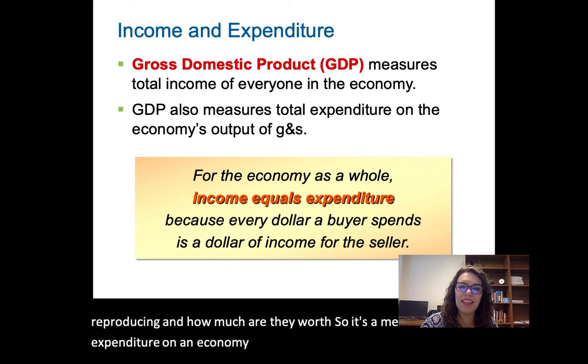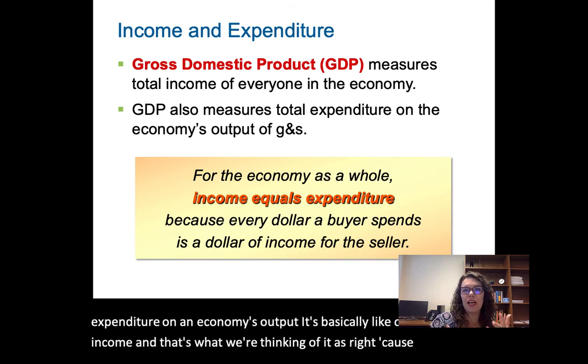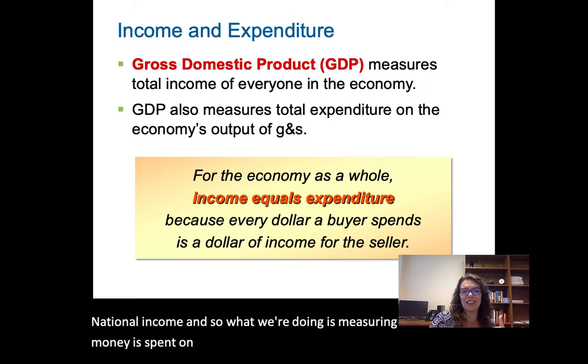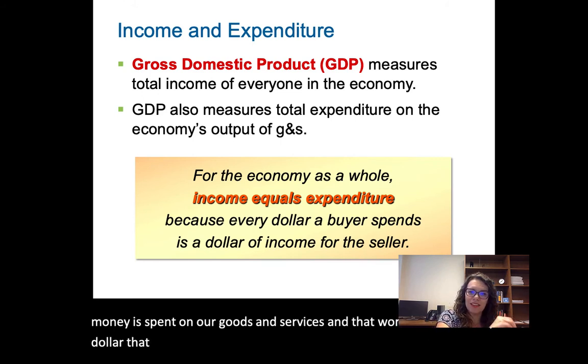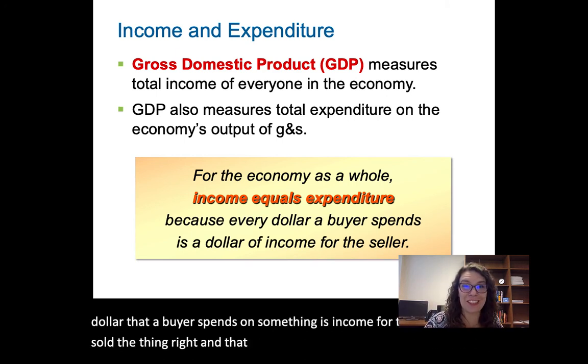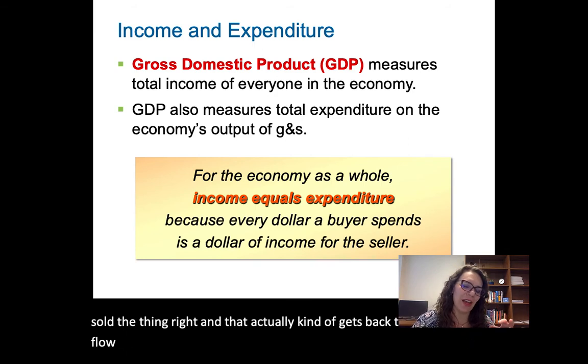It's basically like our total national income, and that's what we're thinking of it as, right? Because we're talking about measuring national income. And so what we're doing is measuring how much money is spent on our goods and services. And that works because every dollar that a buyer spends on something is income for the seller who sold the thing, right? And that actually kind of gets back to the circular flow diagram in a way.